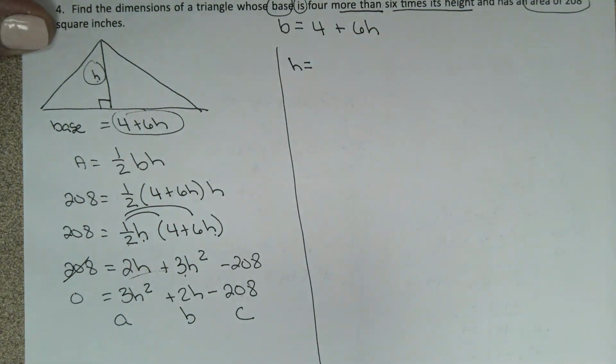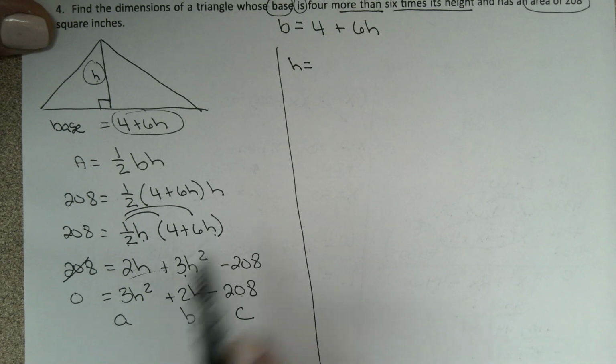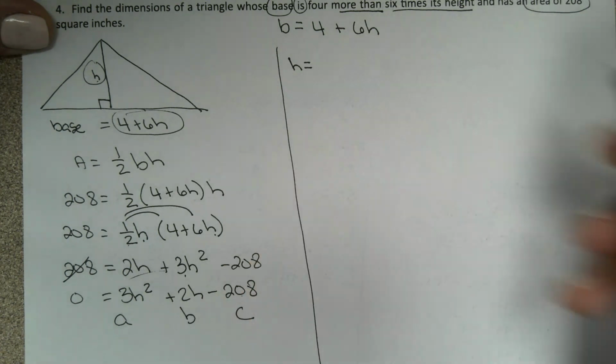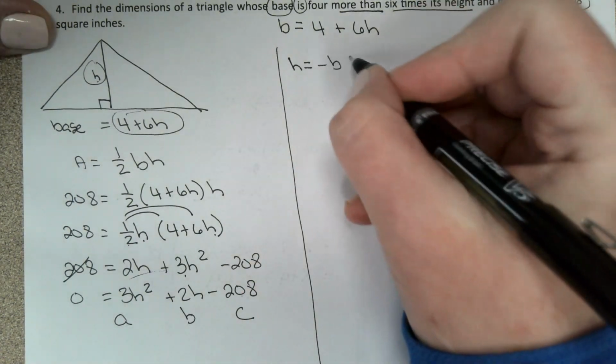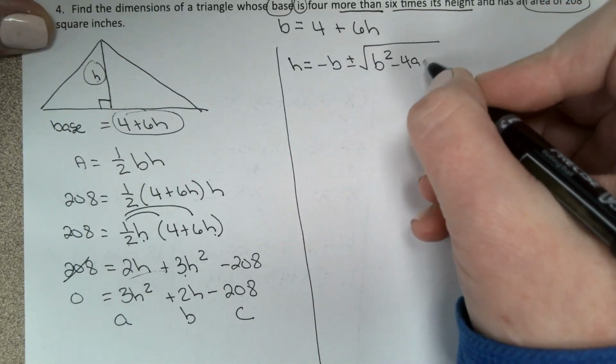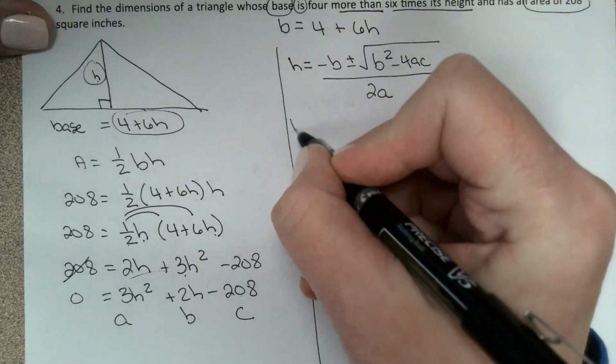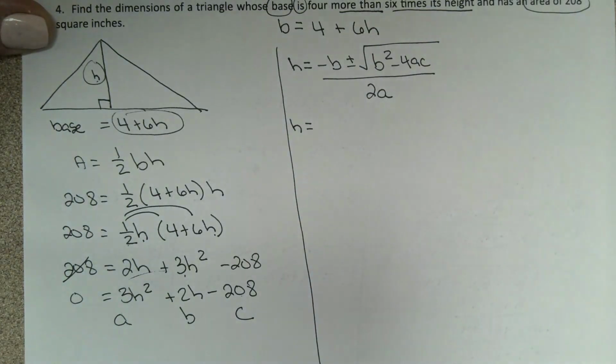In the quadratic formula, it's usually x equals, but since my variable here is h, that's why I'm starting off with h equals. h equals negative b plus or minus the square root of b squared minus 4ac, all over 2a. A long time ago, I learned the quadratic formula to Pop Goes the Weasel, and that is what I still use.